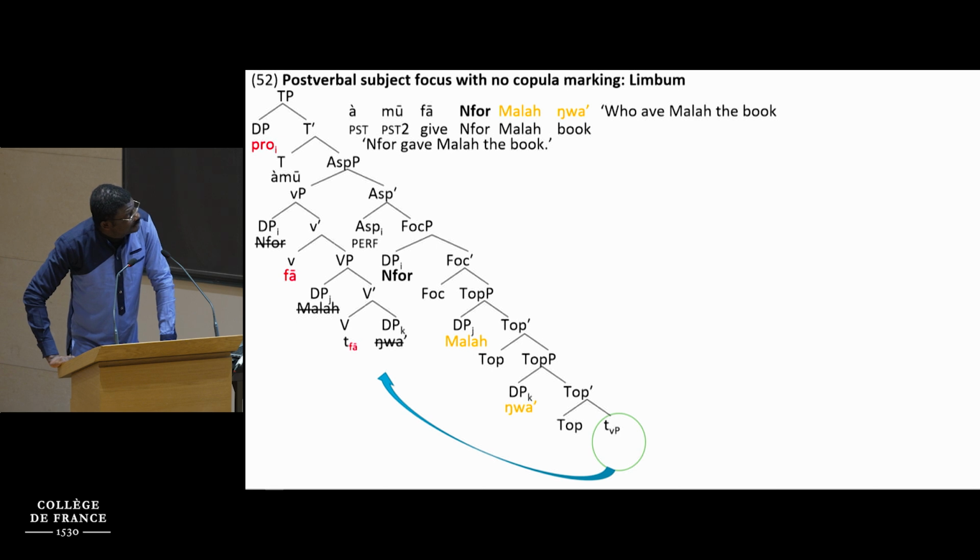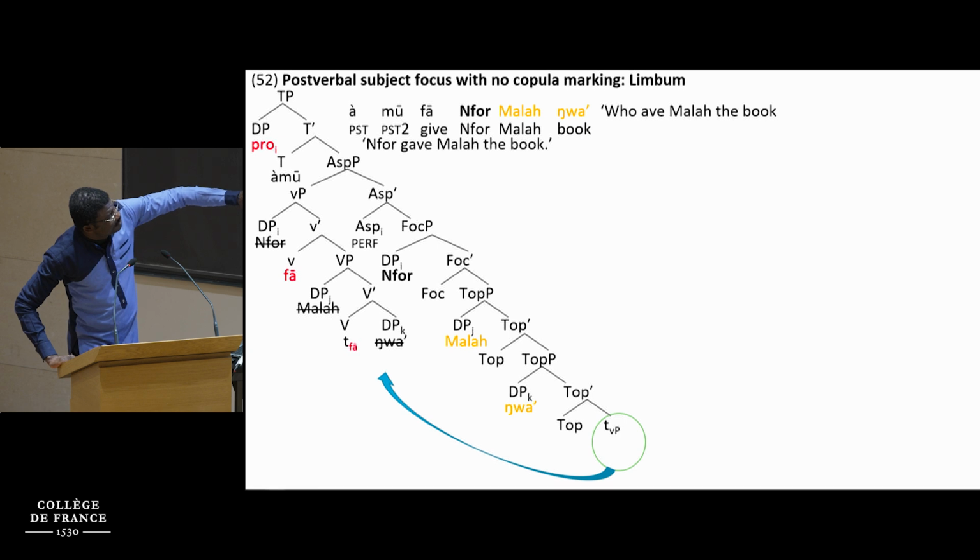I intentionally choose this because of the double object construction, because you can have that alternation in the placement. But the idea here is that you have to evacuate the VP by sending the indirect object to the topic position, which is mala. You send it up. Then you take the book, which is the direct object.